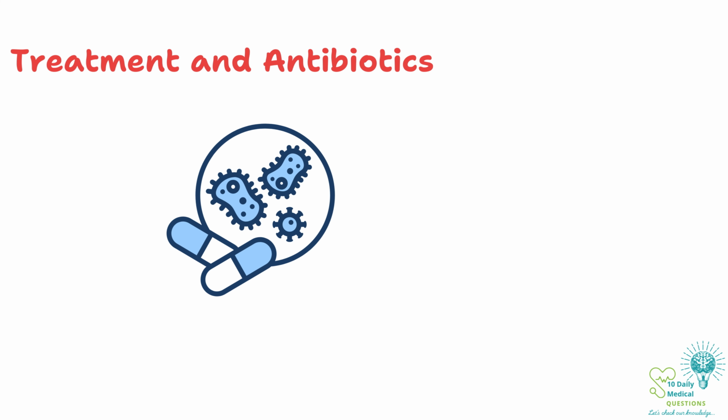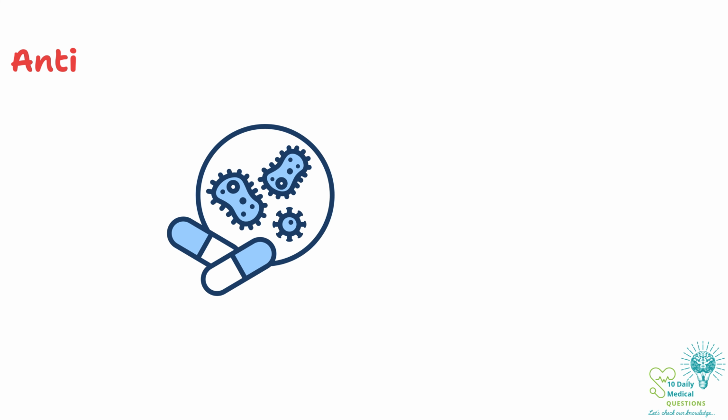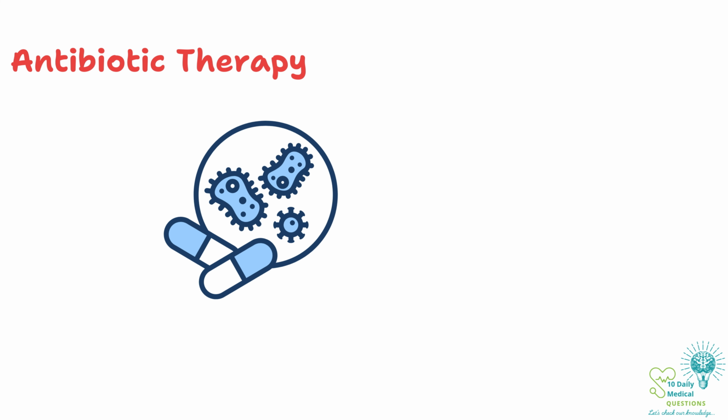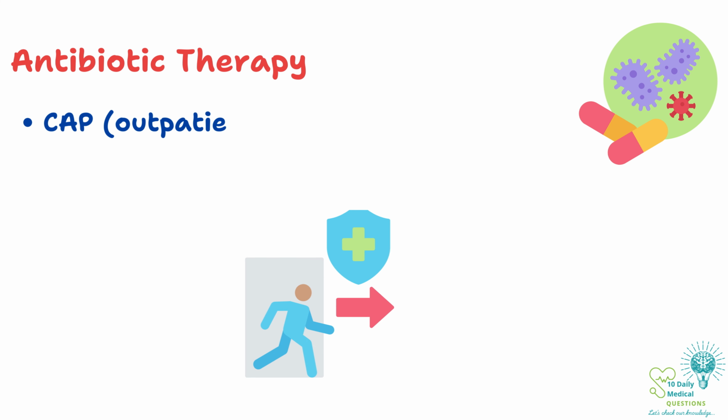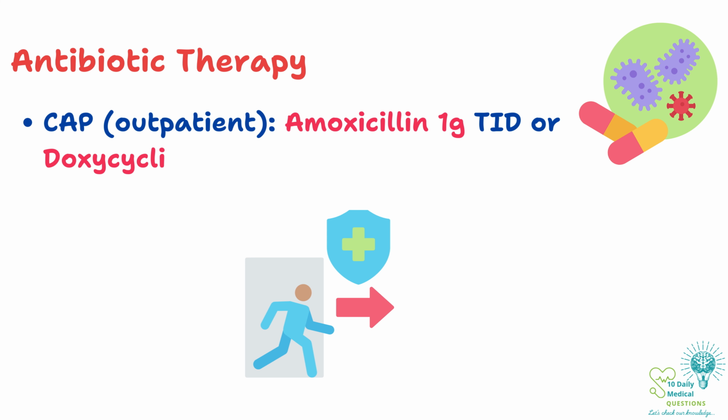Treatment and antibiotics. Let's now break down the treatment strategies for pneumonia, focusing on antibiotic choice for different settings. CAP outpatient: for otherwise healthy patients with mild CAP, the first-line therapy is amoxicillin, 1 gram 3 times daily, or doxycycline, 100 mg twice daily for 5 days.